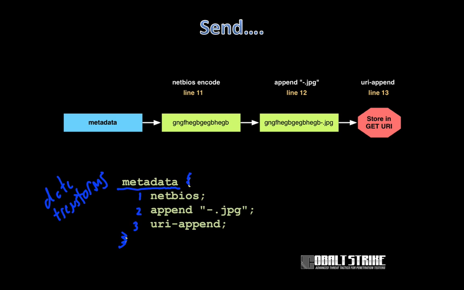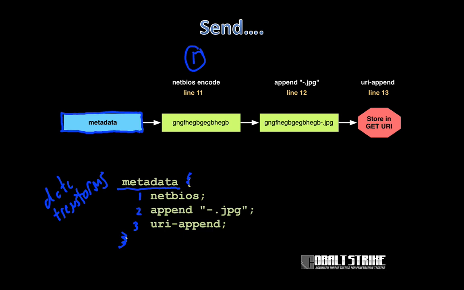So our Beacon wants to send metadata as part of an HTTP GET client request. So it's the client side of the Beacon trying to download tasks. We want to send this metadata. The first step we take is to NetBIOS encode that data.